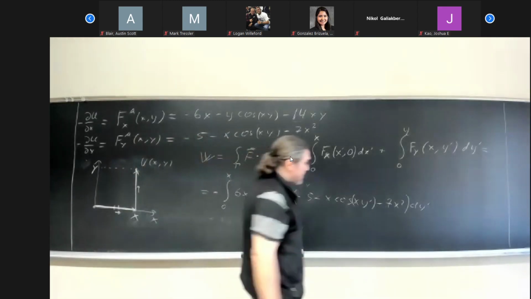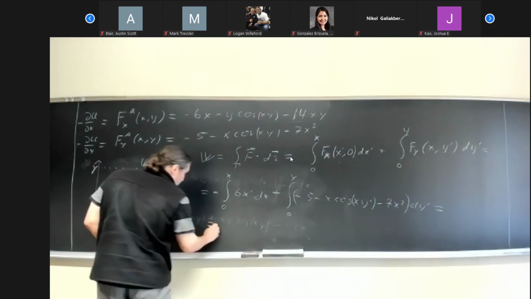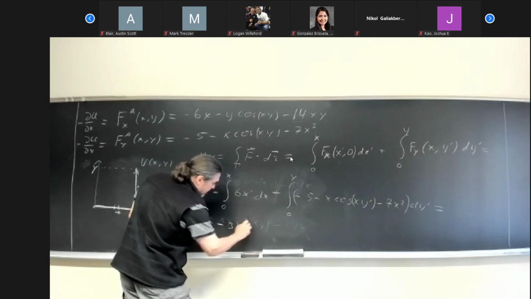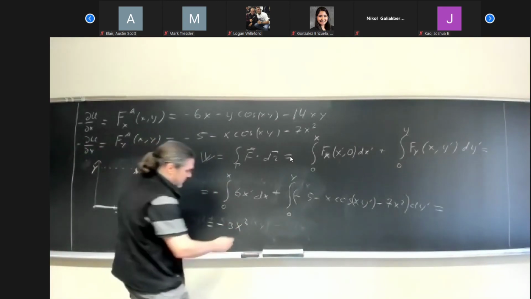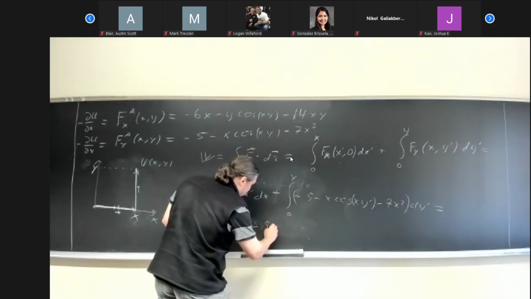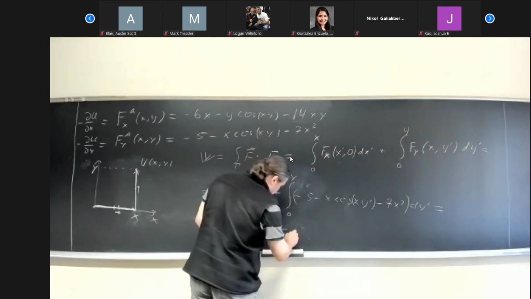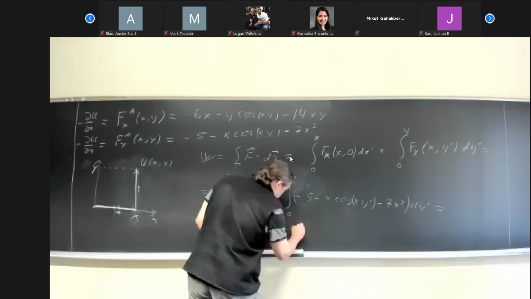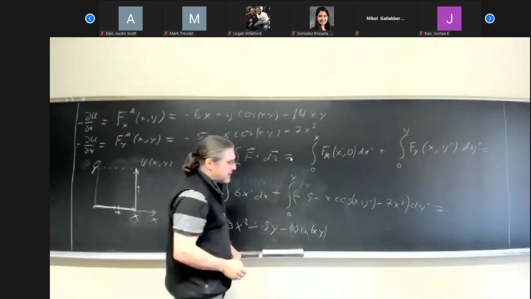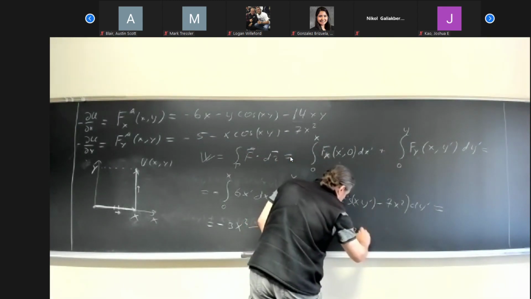So now I take those integrals, and they're simple integrals. This one is minus 3x squared. Then I have minus 5y, minus sine xy, and here I have minus 7x squared y.